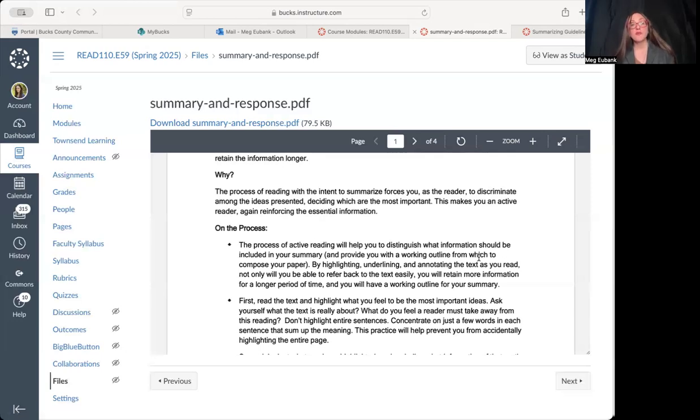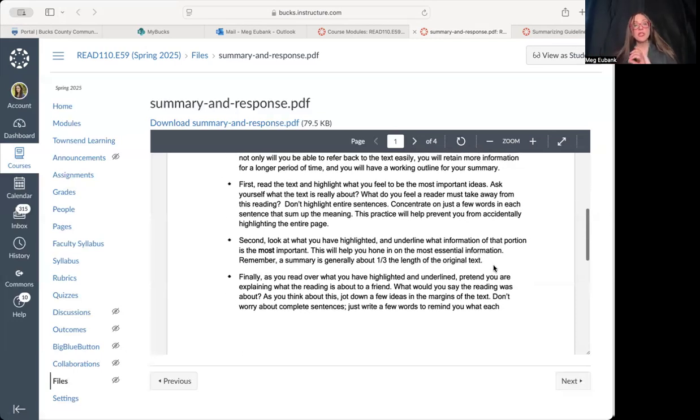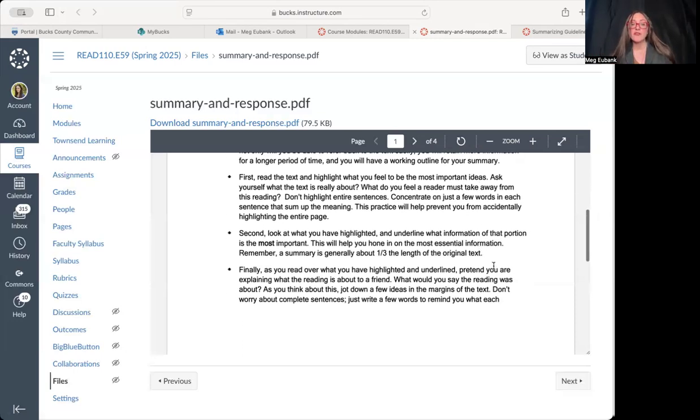So your process is that you are doing active reading and you're identifying main ideas. In a summary, you're really only talking about those big main ideas. You're not getting into the nitty-gritty supporting details and all of those little tiny examples and stuff. So you're just looking at the big stuff. You're figuring out what is the most important.